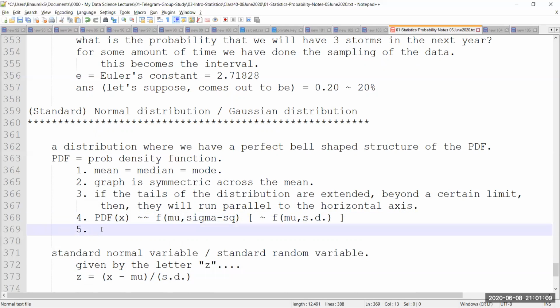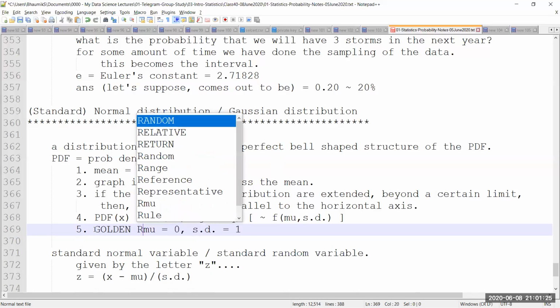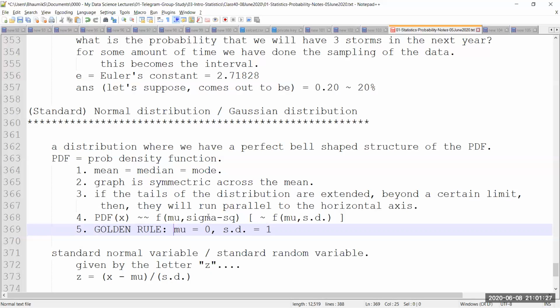The property it represents is that at any point in time, if it is really a normally distributed variable, then mu is equal to 0 and standard deviation is equal to 1. So this is the golden rule. The golden rule of any normally distributed random variable is that its mean is equal to 0, its standard deviation is equal to 1, right?